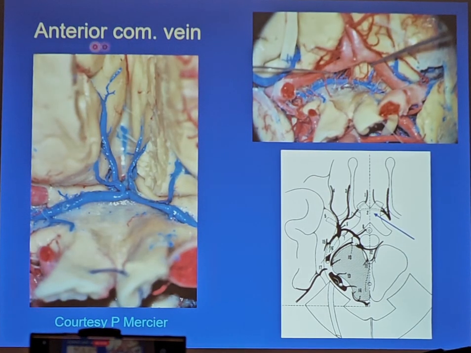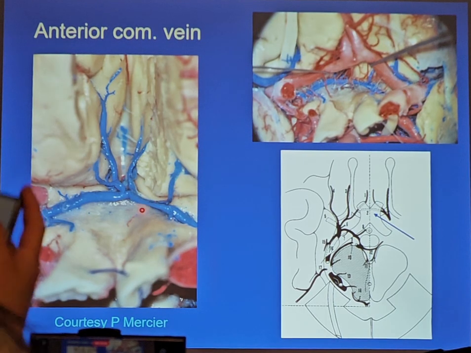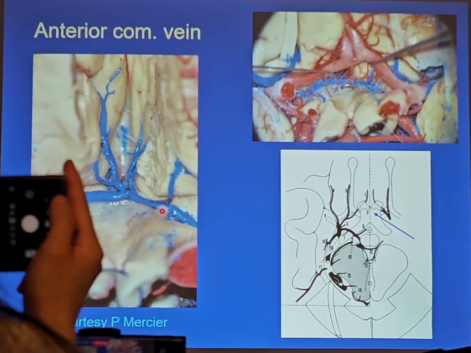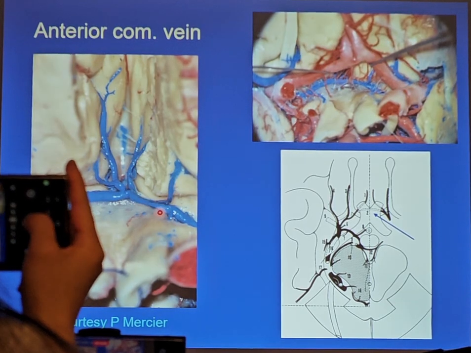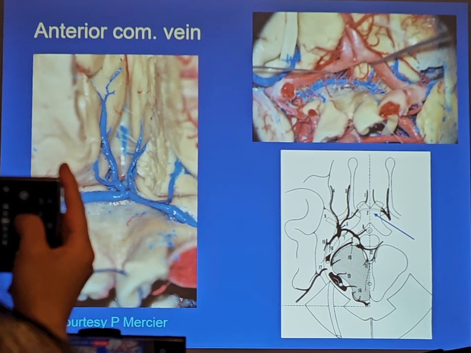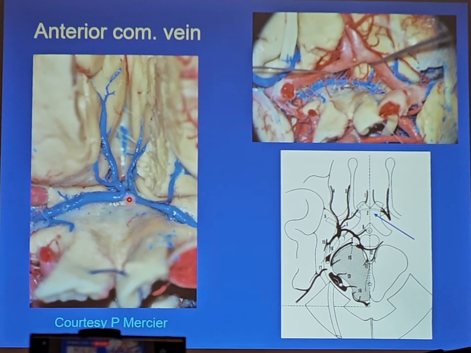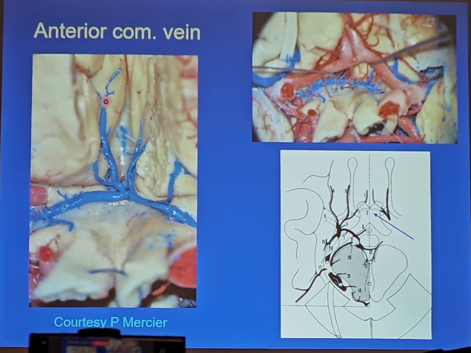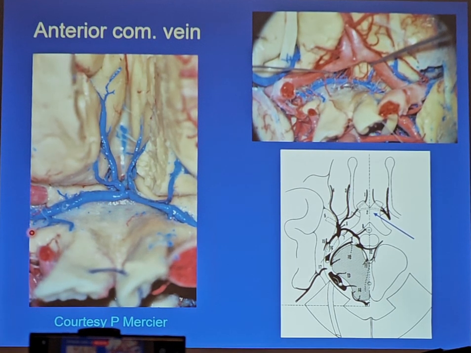The anterior communicating vein represents an anastomotic channel between the tributaries of the anterior aspect of the basal vein of Rosenthal. The specimens from Philippe show very nicely the forward extension towards the frontal lobe cortex and the posterior extension towards the temporal lobe and eventually around the midbrain level.